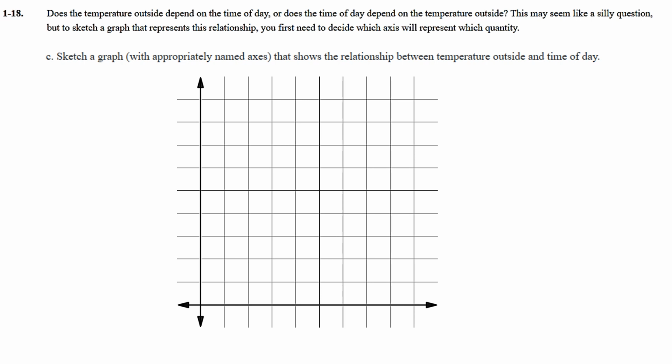So here's our coordinate plane. Since the independent variable is time, we're going to write time of day. And this would be the temperature. Now I'm going to let this be right here 12 a.m., midnight, and this is going to be 12 a.m. again.